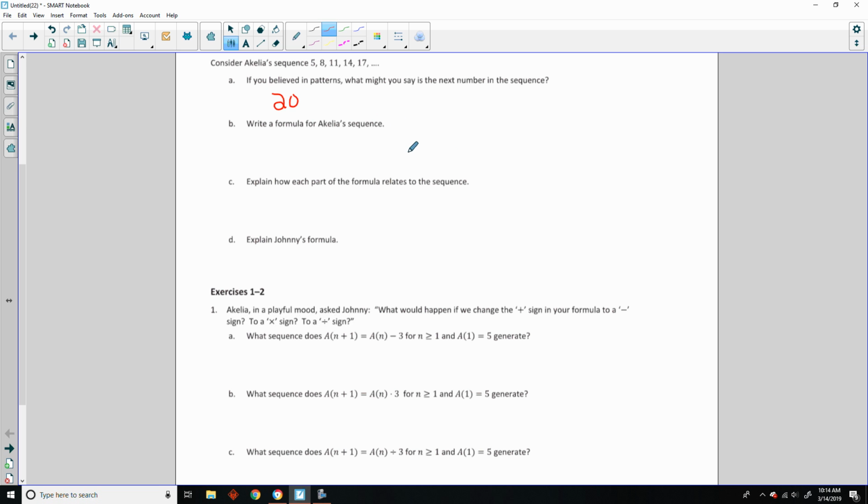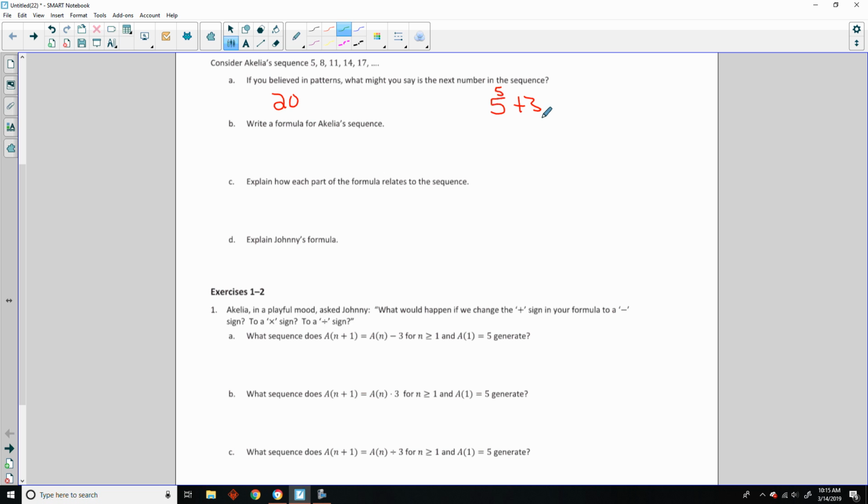It says to write a formula for Achilles' sequence. Okay, so if I write my first term down, it is 5. And then I added 3 to get my second term. So my first term was 5.